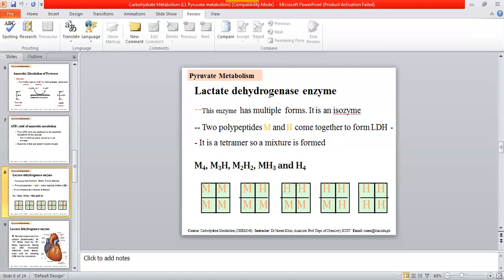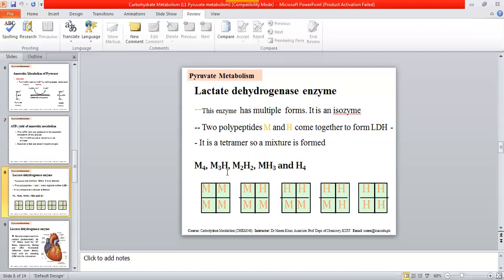Lactate dehydrogenase is the main enzyme catalyzing the conversion of pyruvic acid to lactic acid. Let's discuss some important points of this enzyme. This enzyme is actually an isozyme having different forms. For example, 5 forms are designated here as M4, M3H, M2H2, MH3, and H4.